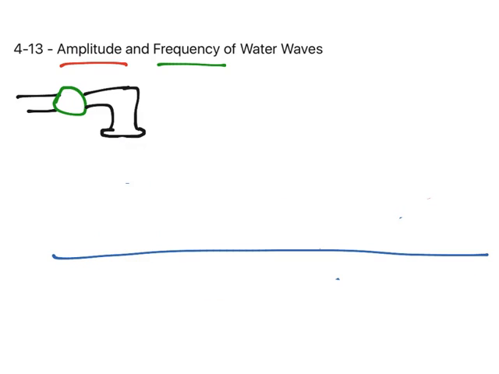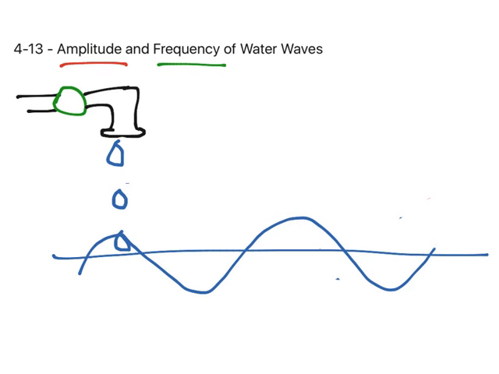Next, frequency. This time, let's start by letting the droplets come out very slowly. It takes a lot of time for the water droplets to come down. If that happens, the wave will look like this, because it takes a long time.